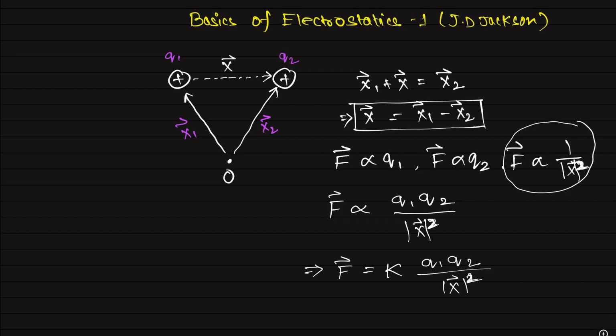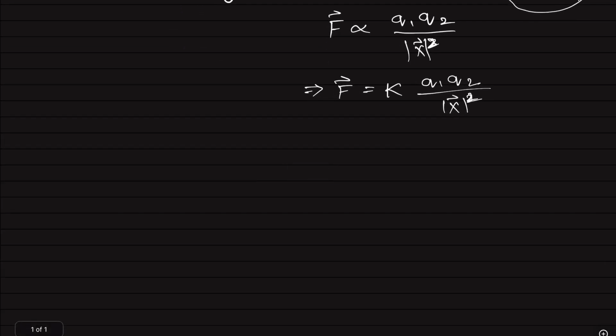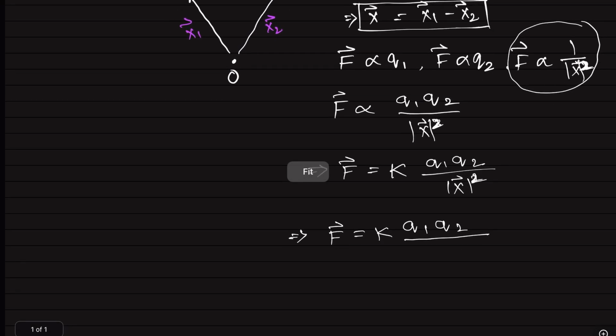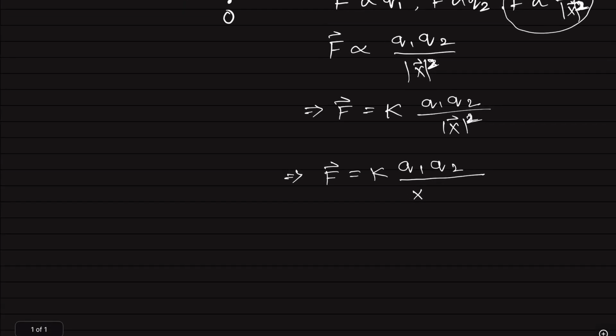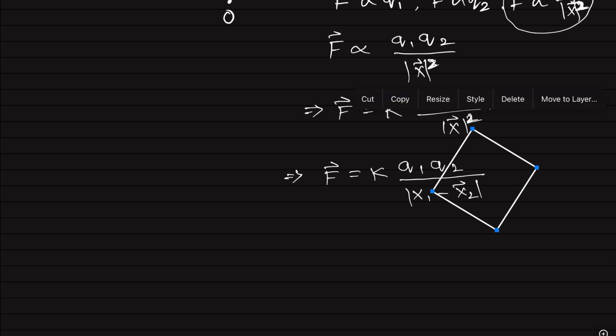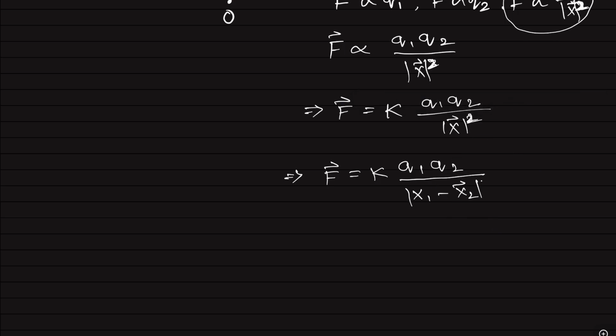Now here comes an interesting thing. Can I write it like this? F equals k q1 q2 by, now this x, I know that I can write as x1 minus x2, whole square.